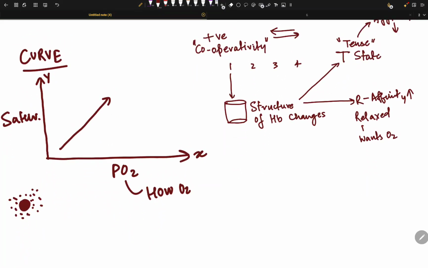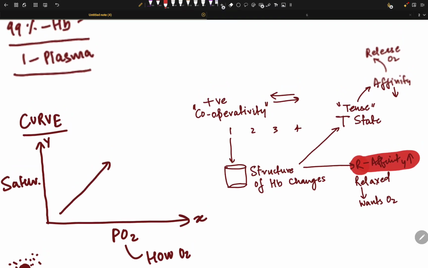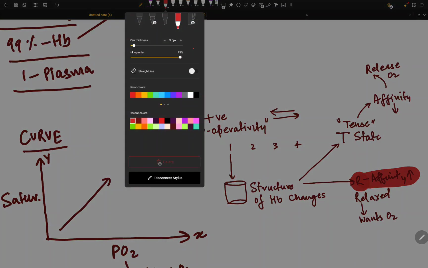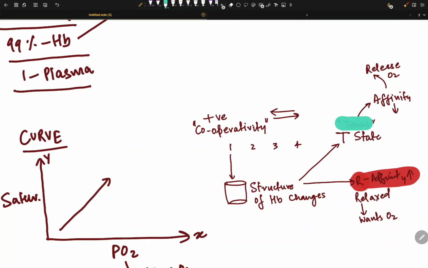So the question that arises is, which state dominates in the lungs, because we want to have O2? Obviously the R state is going to dominate in the lungs. That's very obvious. And the next question is, which state will dominate in the tissue? Well, it's obvious as well that the T state will dominate in the tissues.